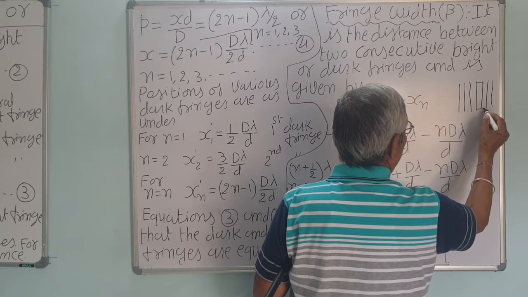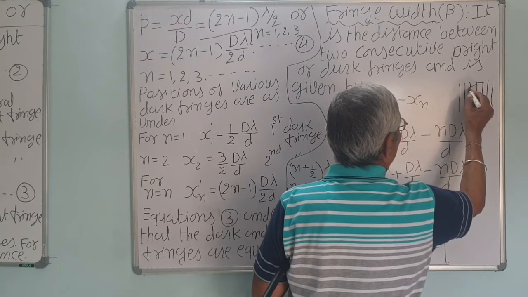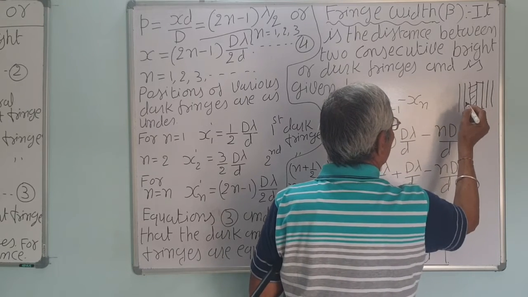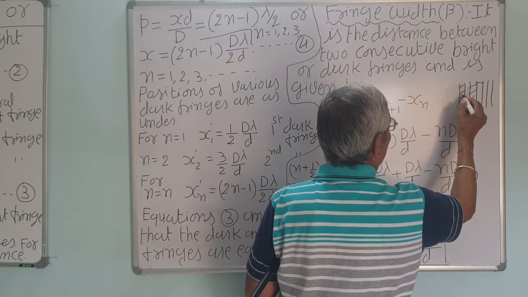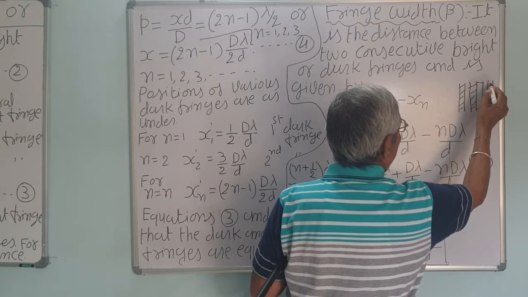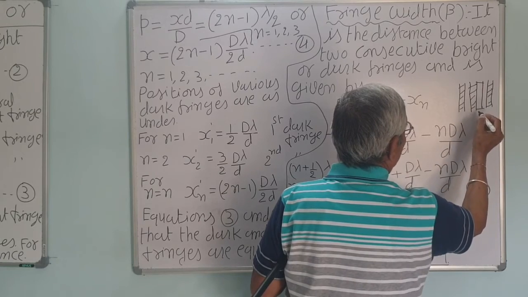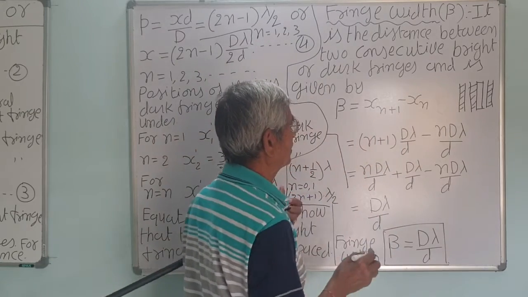Suppose this is the central bright fringe, this is dark. They are equally spaced, the fringe width is the same. This is bright, this is dark. So the distance between two consecutive bright or dark fringes is the same.